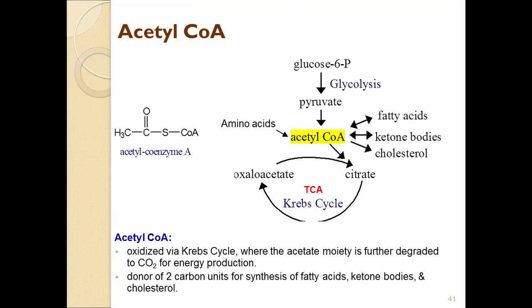All right, so acetyl-CoA, as I just talked about, is the central molecule produced from glucose or glycolysis, amino acid oxidation, or fatty acid oxidation, right? And acetyl-CoA is also the key molecule that enters the TCA cycle for complete oxidation if we need energy for producing ATP.